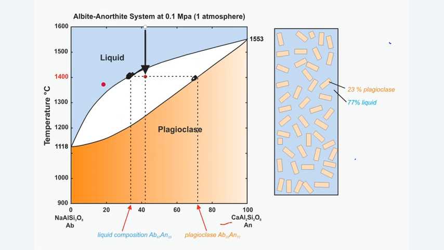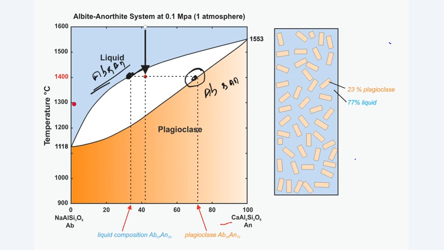So the composition of the liquid will change. It will produce a solid that consists of albite and anorthite, and the liquid also consists of albite and anorthite. But in case of eutectic or peritectic, the solid that formed initially consists of only a single component. Then after the eutectic or peritectic point, there will be a simultaneous condition.